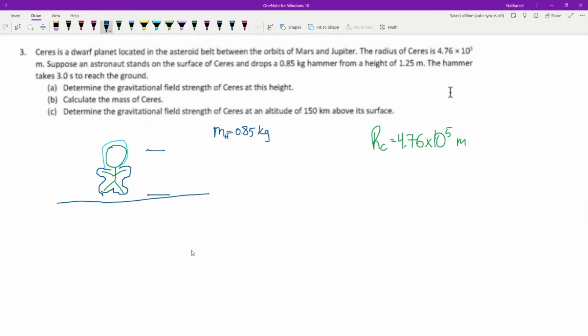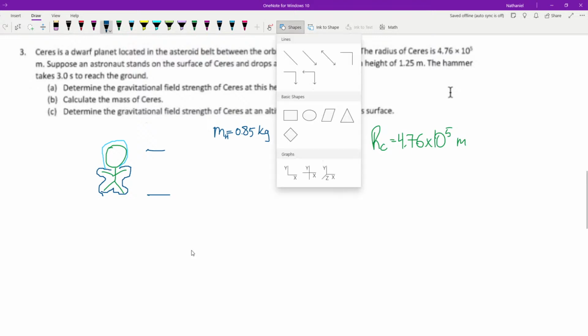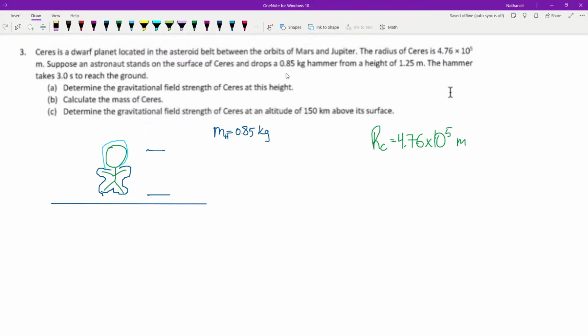It's flat. Oh, good. Oh, okay. So that height is 1.25 meters that they drop our hammer.